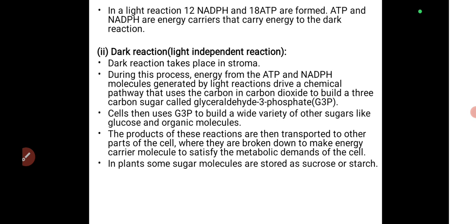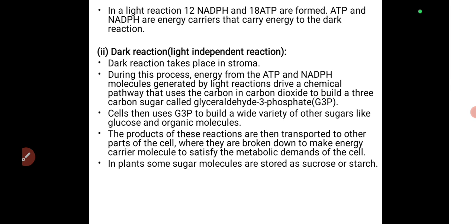Cells then use G3P to build a wide variety of other sugars and organic molecules like glucose, fructose, maltose, etc. The products of these reactions are then transported to other parts of the cell where they are broken down to make energy carrier molecules to satisfy the metabolic demands of the cell.